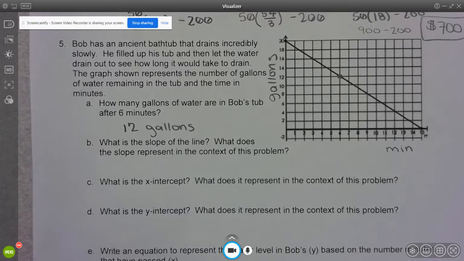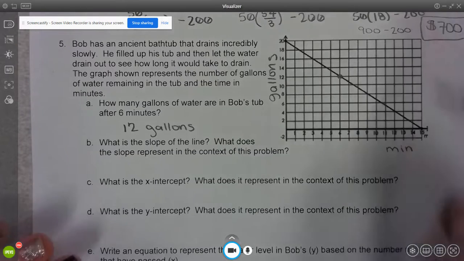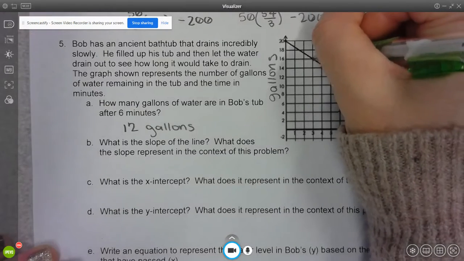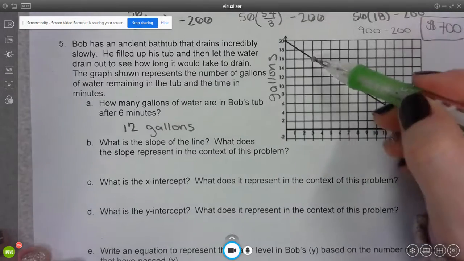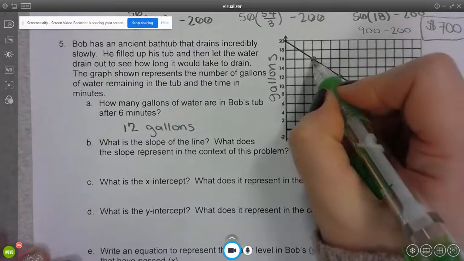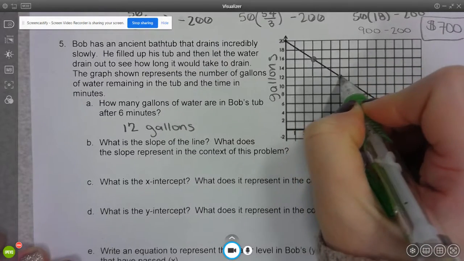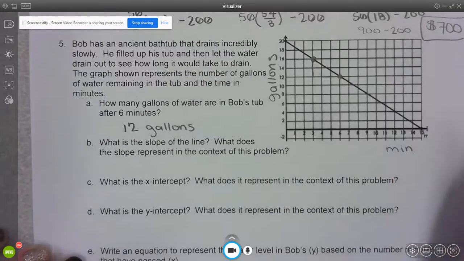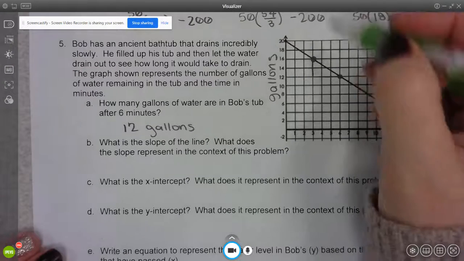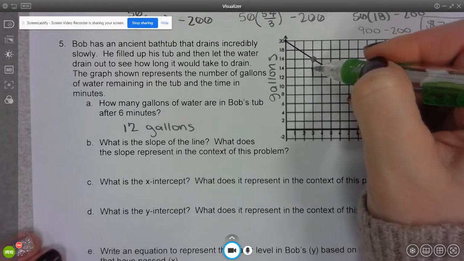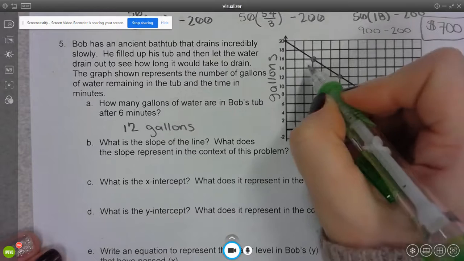What's the slope of the line and what does it represent in context? Well, I see another point on a tick mark here, so I'm going to look at this triangle. Again, check the scale. This is 2, 4.